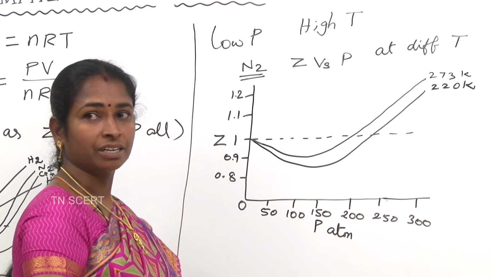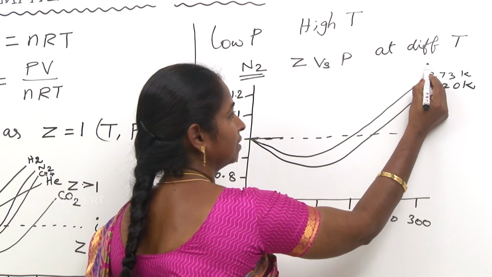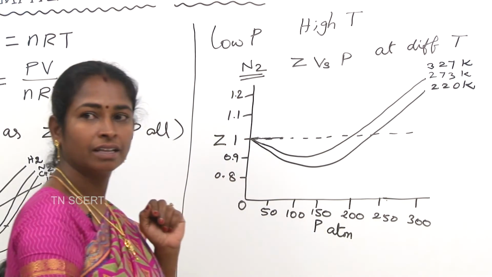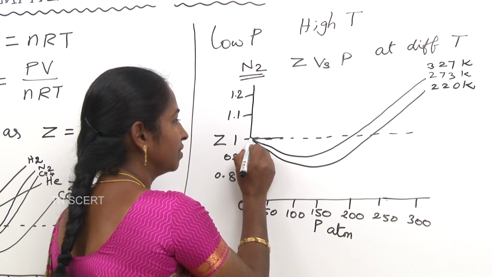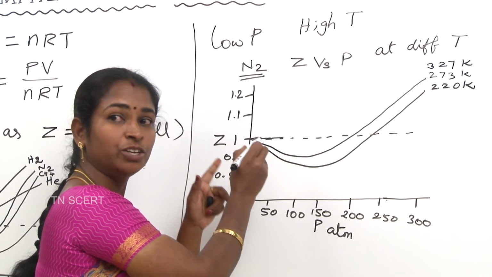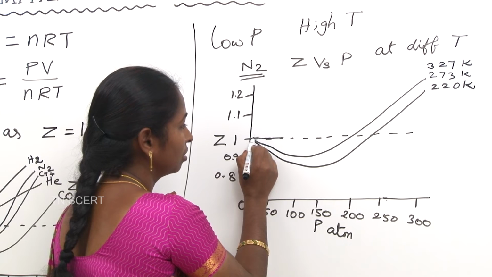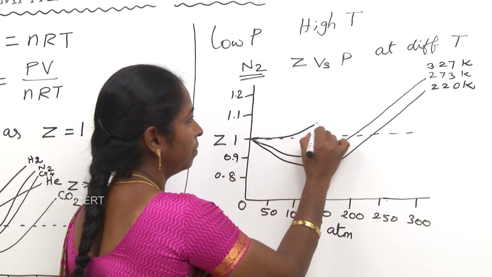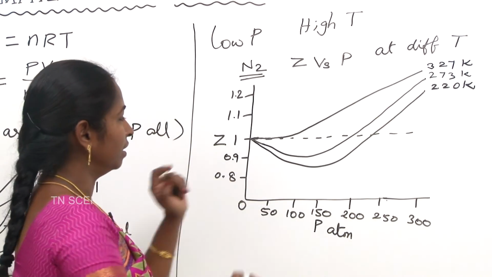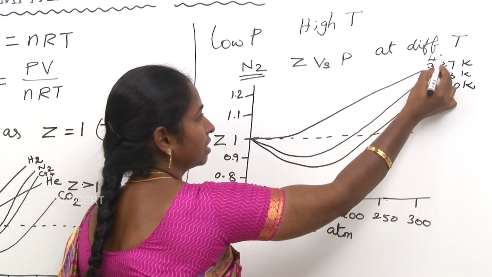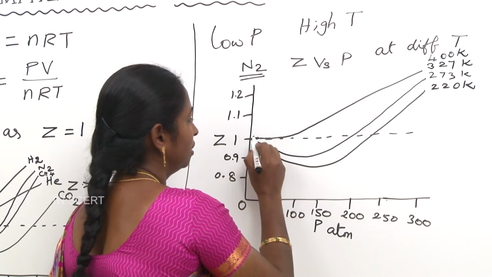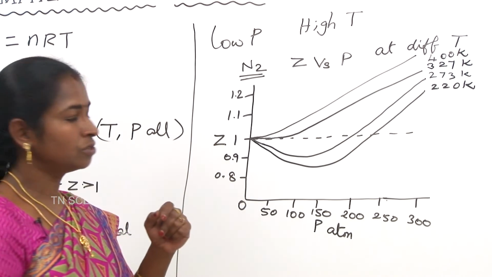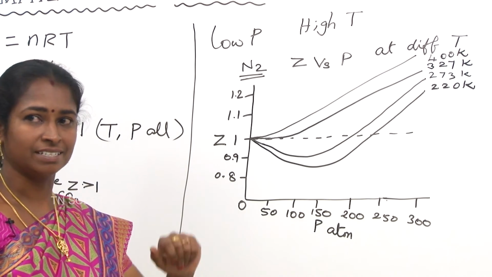Still at higher temperature, say for example at 327 Kelvin, the nitrogen gas, which is a real gas actually, obeys the gas law to a certain range of pressure and then shows a positive deviation. Then at further higher temperature, such as 400 Kelvin, it shows a positive deviation. So, from this what can you understand?